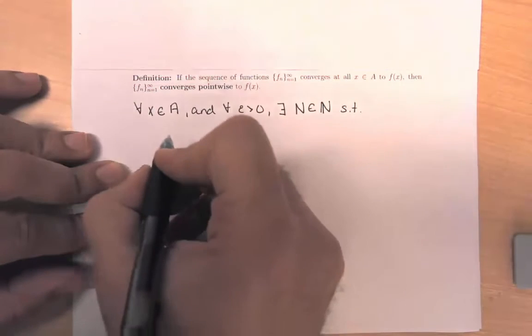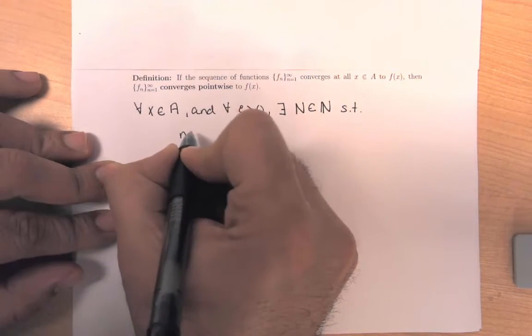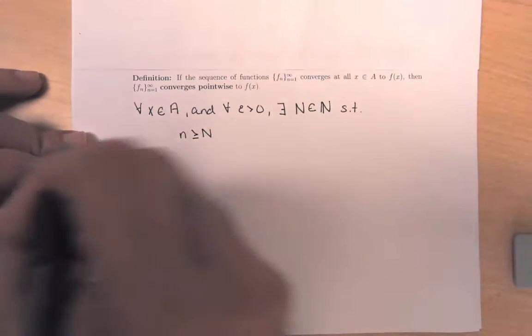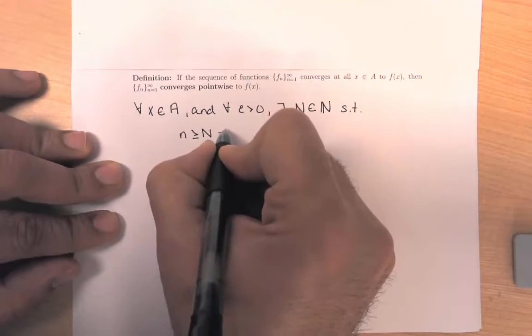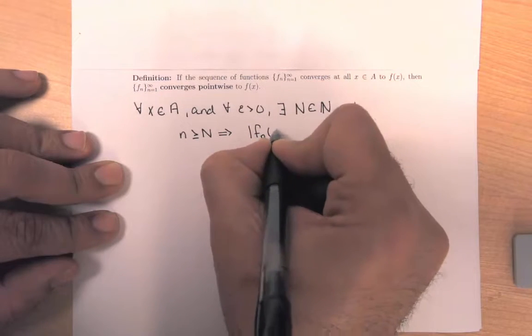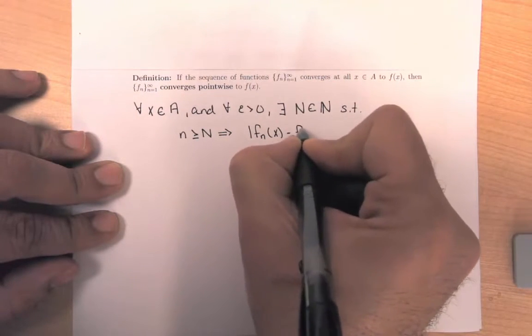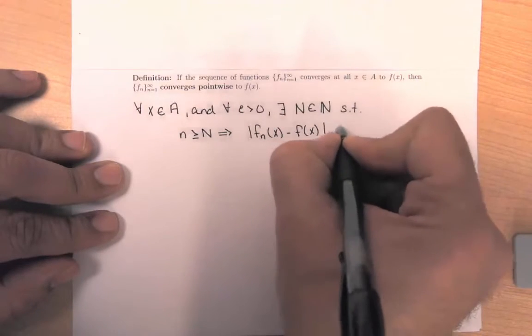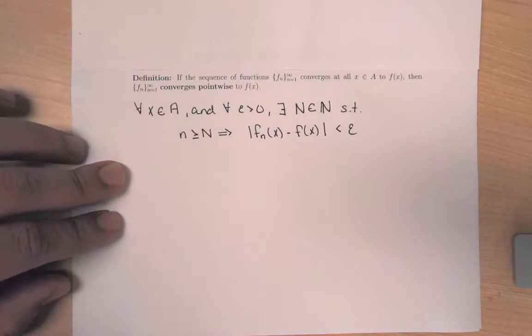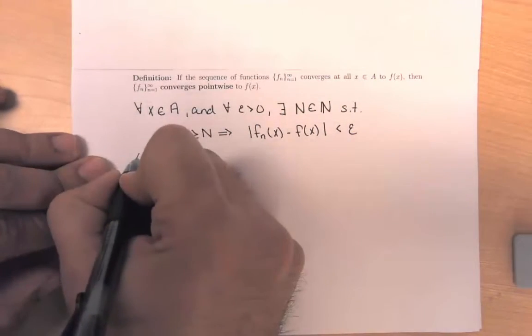Such that little n greater than or equal to big N implies the absolute value of fn of x minus f of x is less than epsilon. And let's record our observation.